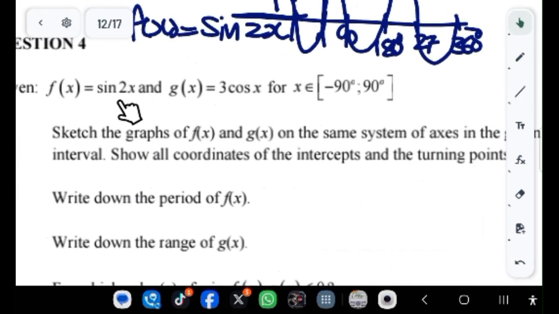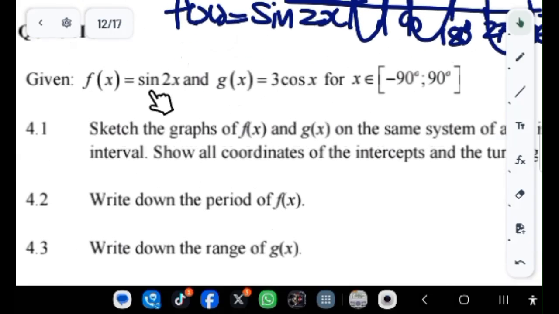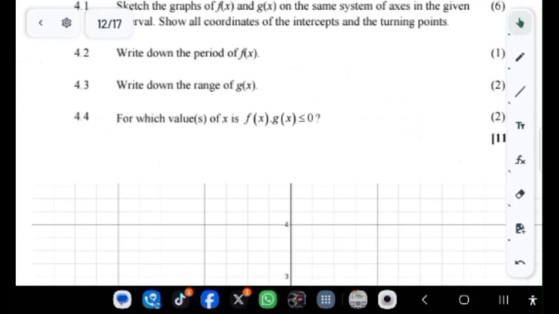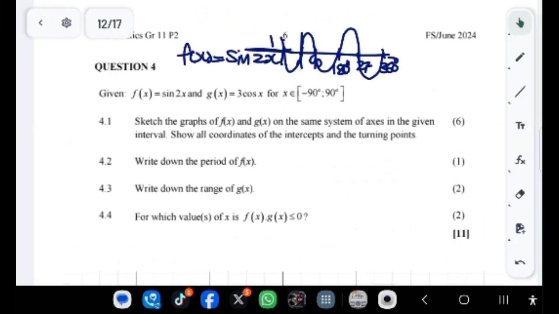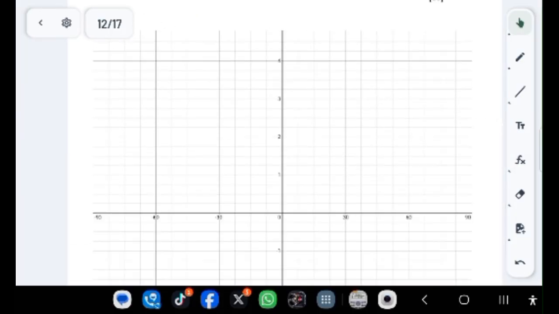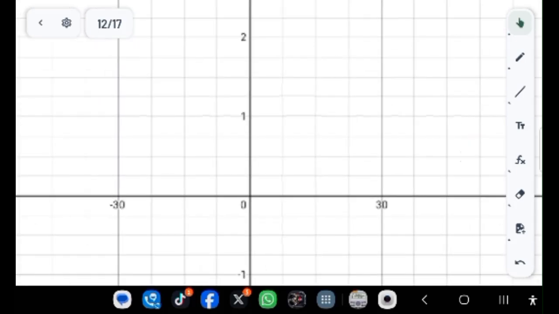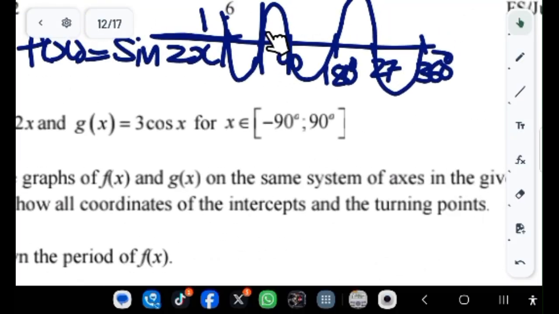And the period, okay, the range will be 1 and negative 1. So we will have here for 90 degrees it will be 1.